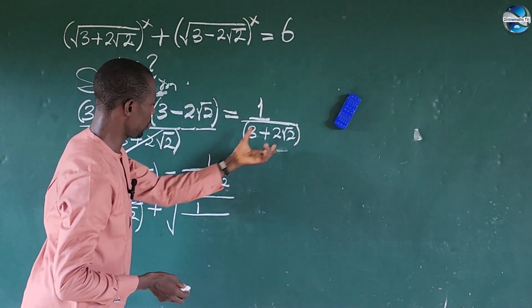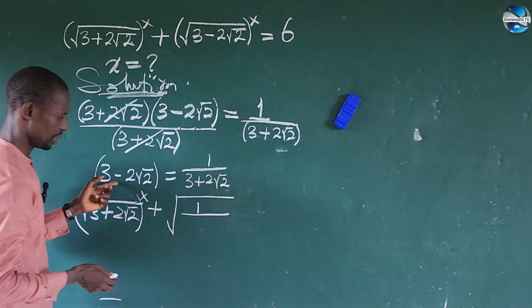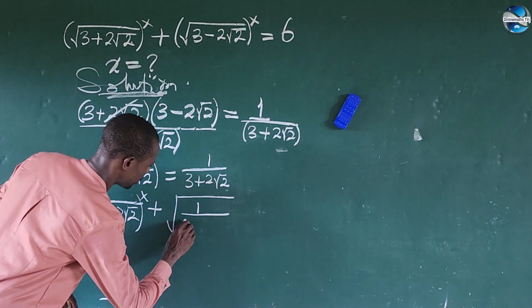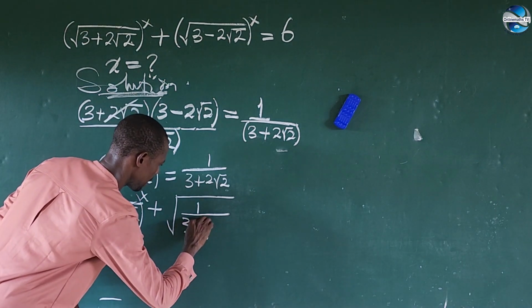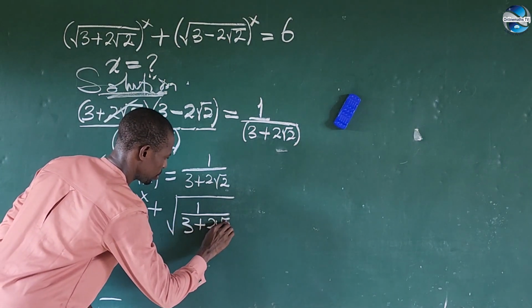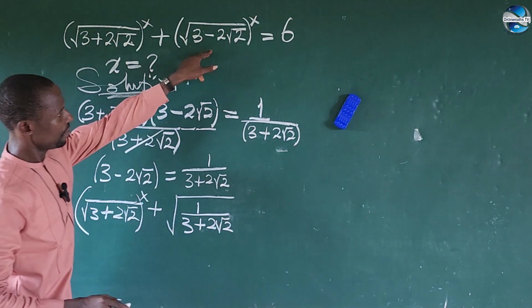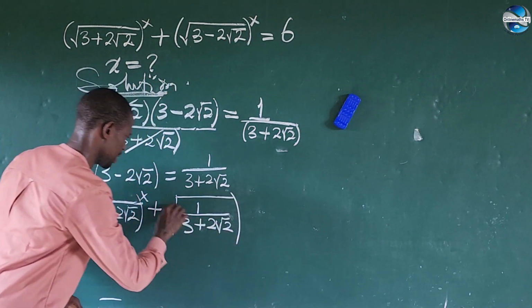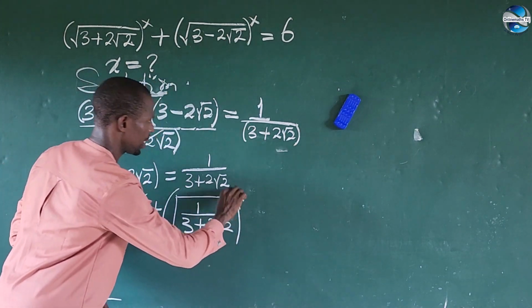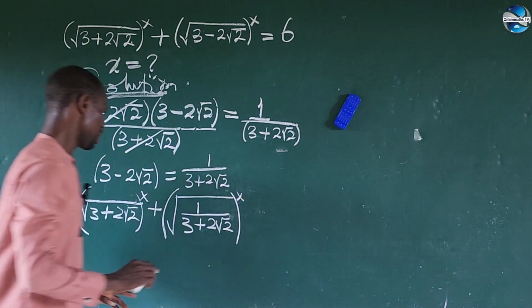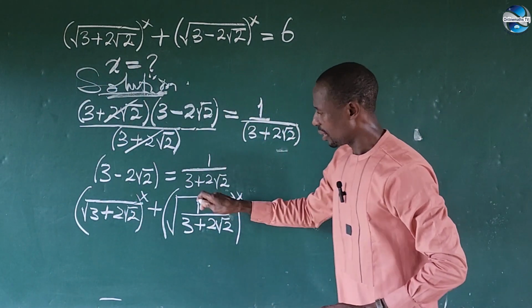So we are putting the whole of this in place of this. So everything is raised to power x. Easy.